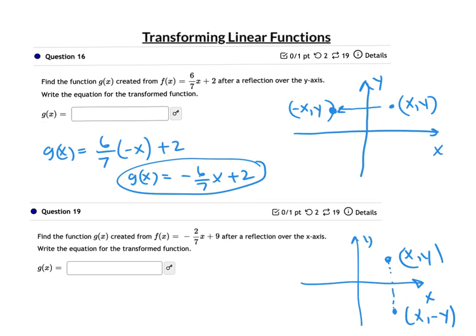So y becomes the opposite, and this whole thing is my y. So my g of x, which was negative 2/7 x plus 9, that's my y, and my y becomes the opposite. Notice the parentheses, because y is more than one thing. So I have to distribute, and my equation becomes g of x equals, in this case, positive 2/7 x minus 9.